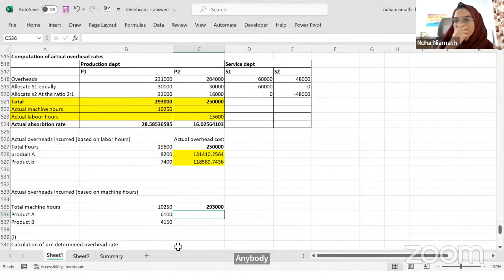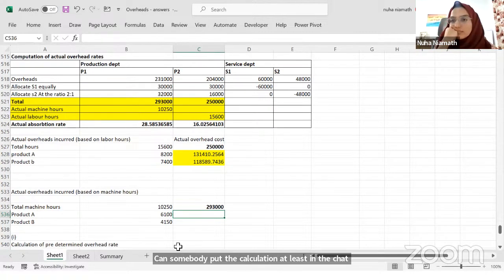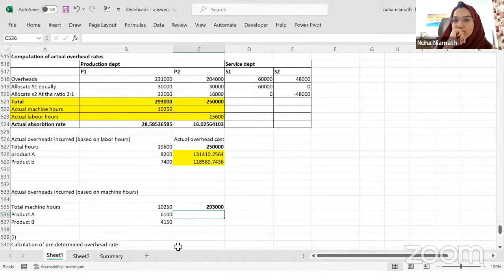Can somebody put the calculation at least in the chat box? 174, perfect. 370, great. And how about product B? 1,18,630. Great job. How about the others? Great. That's the right answer.